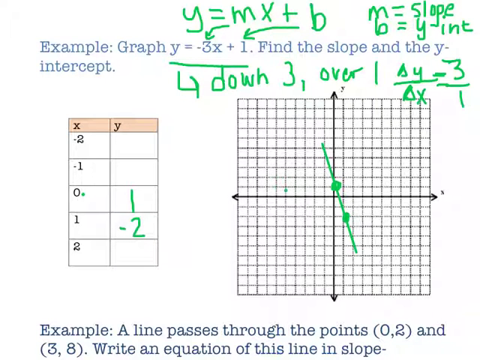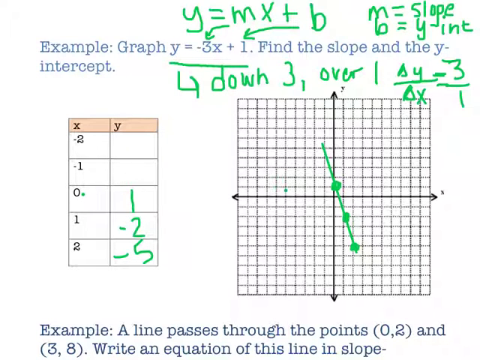All right, so there's my line, and if I want to keep checking, if I put 2 in place of this x, -3 times 2 is -6, plus 1 is -5. And right here, I have the point (2, -5). So that's how I can graph an equation using just the slope and the y-intercept.